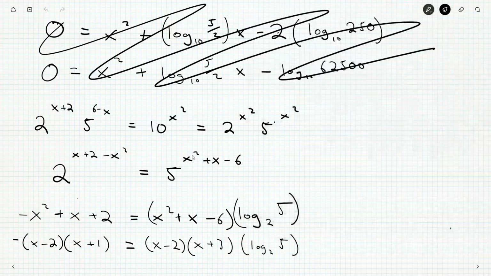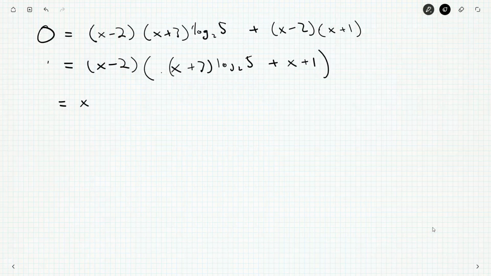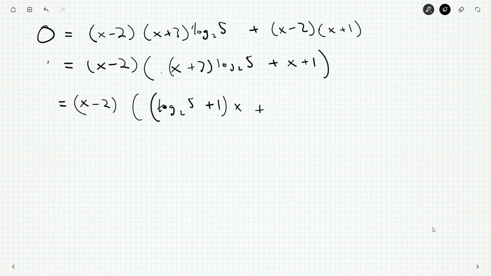I just want to double check that I did copy this all correctly. Yep, okay, good. So, x minus 2, and then we'll get log base 2 of 5 times x. So it'll be plus 1. Plus 1 times x plus 1 plus 3 log base 2 of 5.